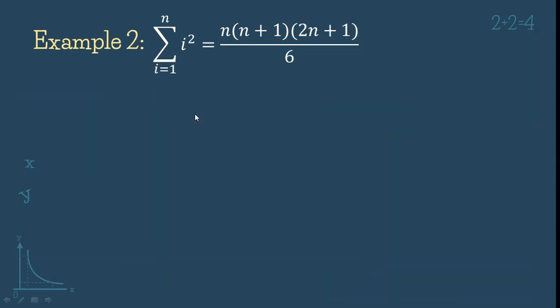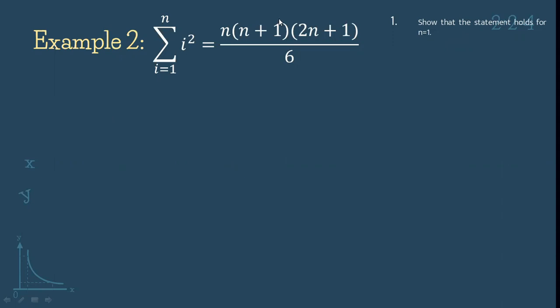For example, number 2, we have here the summation of i squared from 1 to n is equal to n times n plus 1 times the quantity 2n plus 1 all over 6. So first things first, we need to prove that the statement holds for n equals 1. Dahil kapag naging totoo siya sa 1 pa lang, posibleng totoo siya sa mga susunod pa nitong numbers.